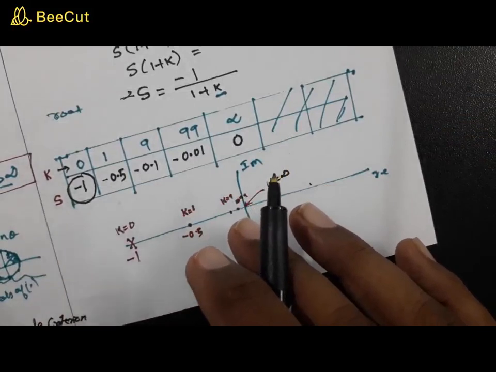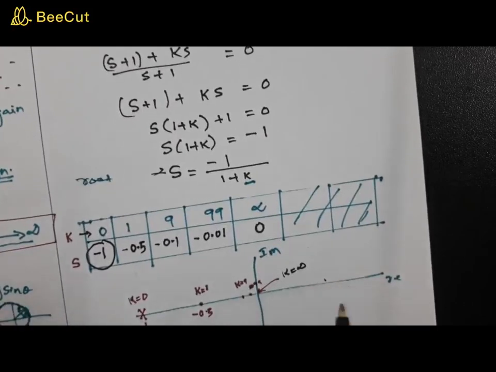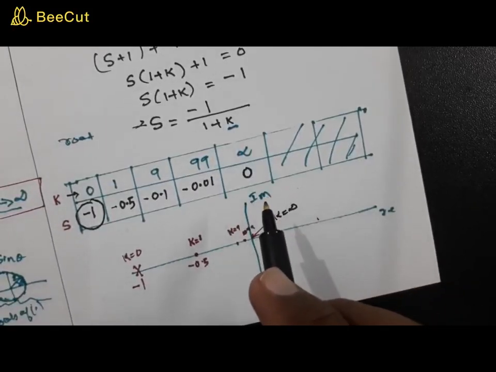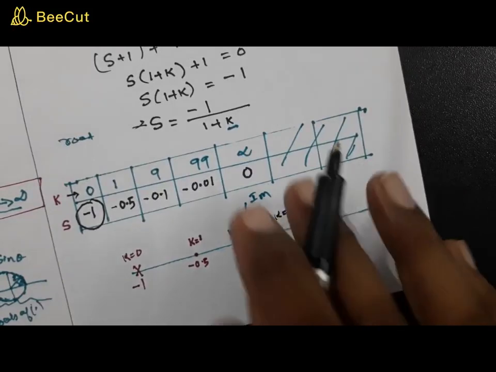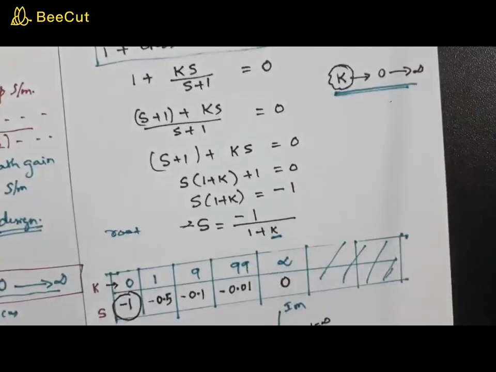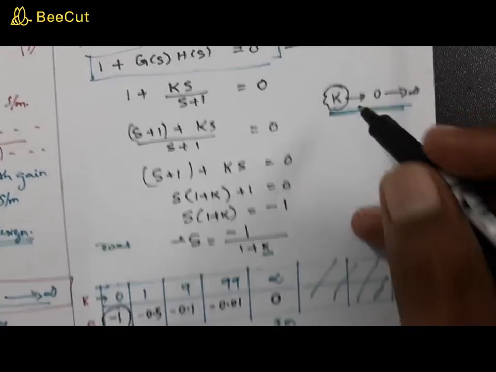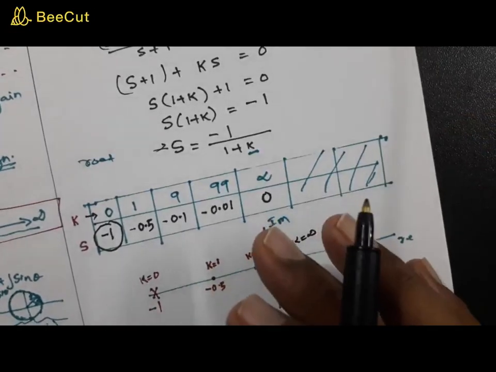As long as the root lies on the left half, you can be pretty sure that the system is stable. Whatever may be the gain that you design, this will always remain on the left half of the s plane.